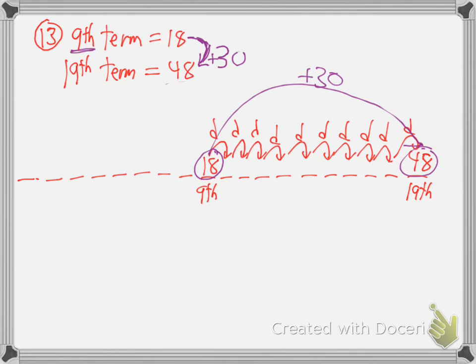You go from the 9th term to the 19th term. That's 10 jumps. So 10 jumps to make you go up by 30. Just divide this by 10. Each jump must be going up by 3. Does that make sense? So that's our D.